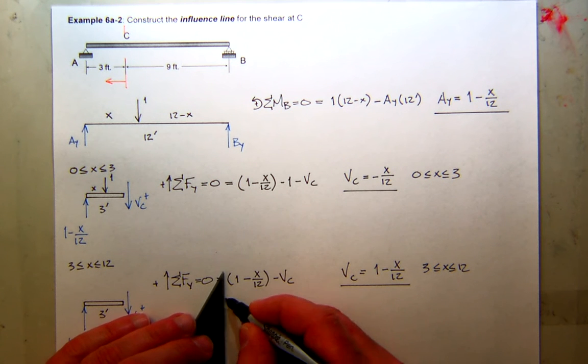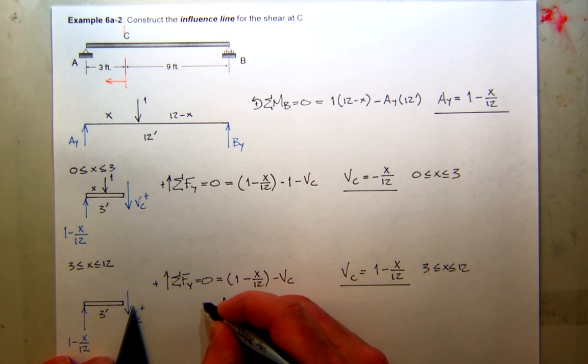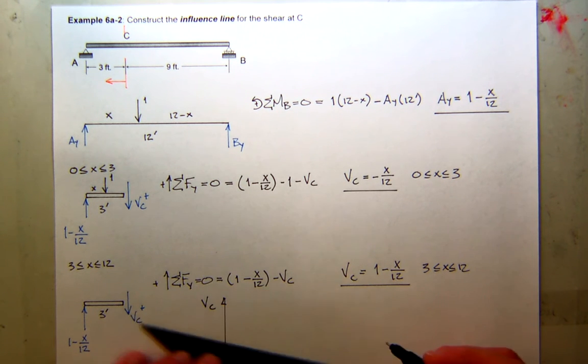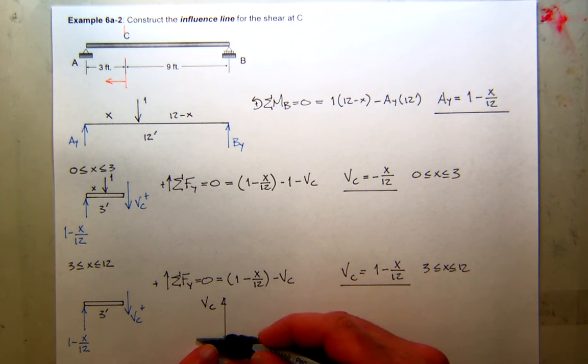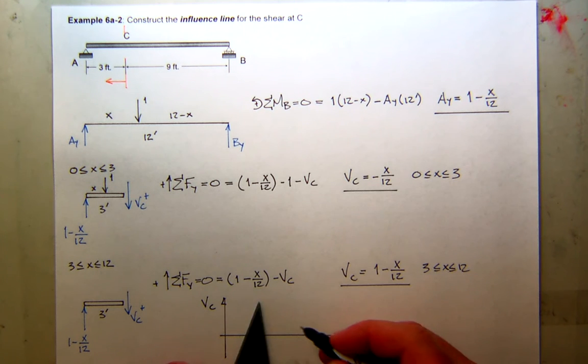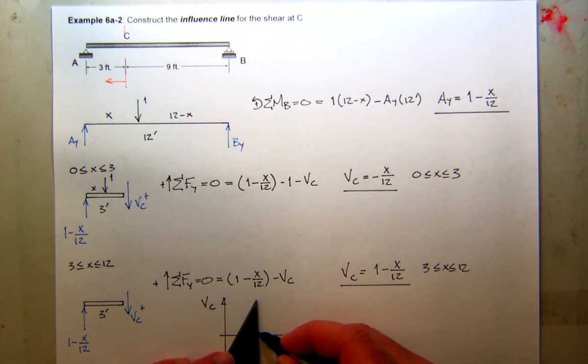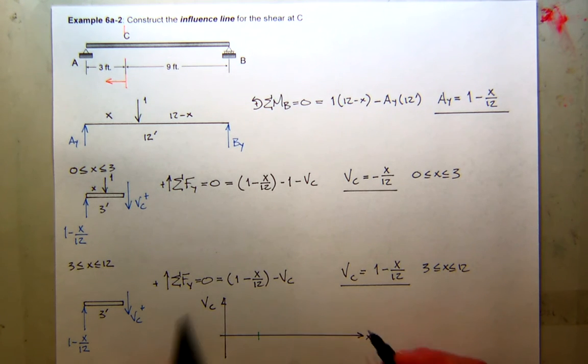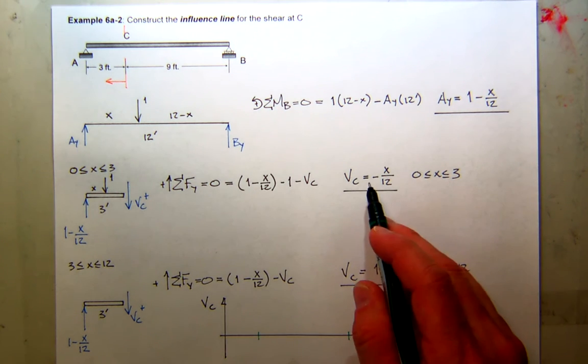Now all I do is plot that. So now my shear at C as a function of the position of the unit load on the beam. And I'll go ahead and divvy that up. So this is the 3. That's 3. And then this is 12. So from 0 to 3, I plot this.